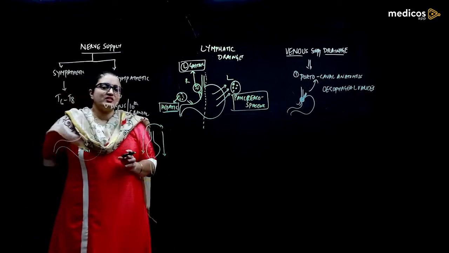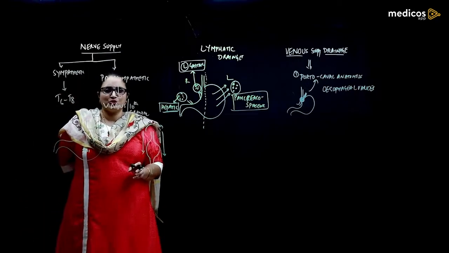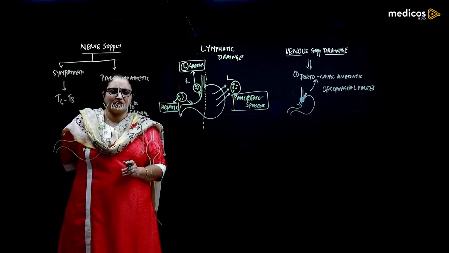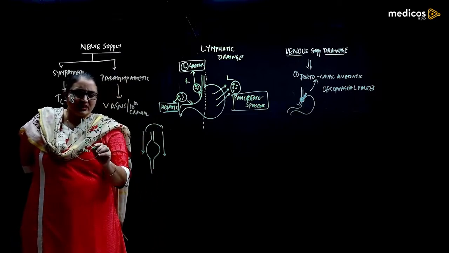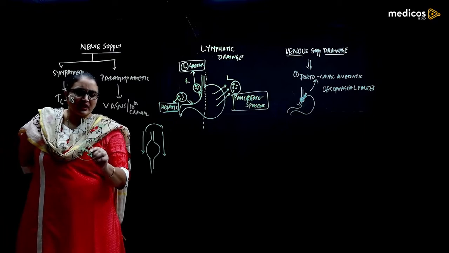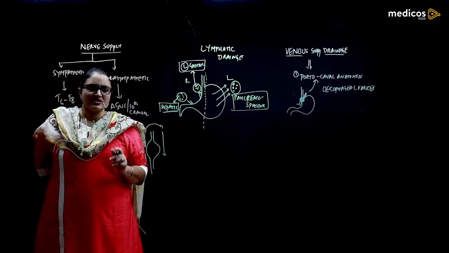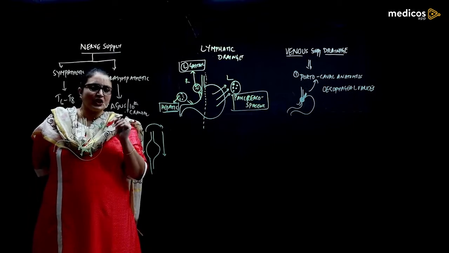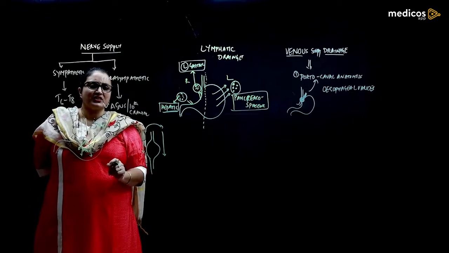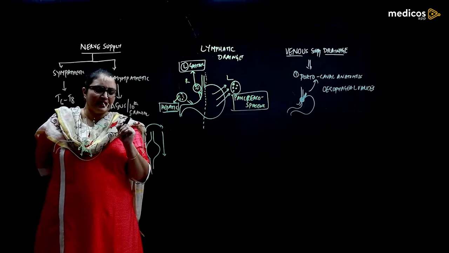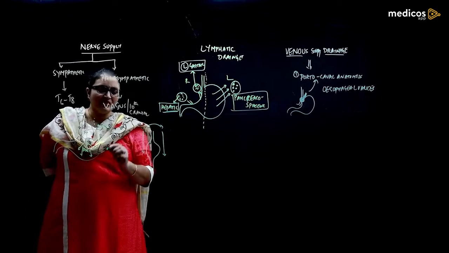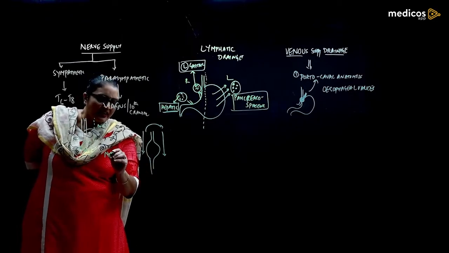The importance of these vagal trunks is that after reaching the stomach, the anterior and posterior vagal trunks divide and ultimately supply the mucosa where the gastric juice needs to be secreted. The shortest nerve, or the least branched part of the vagus nerve, is referred to as the nerve of Latarjet.